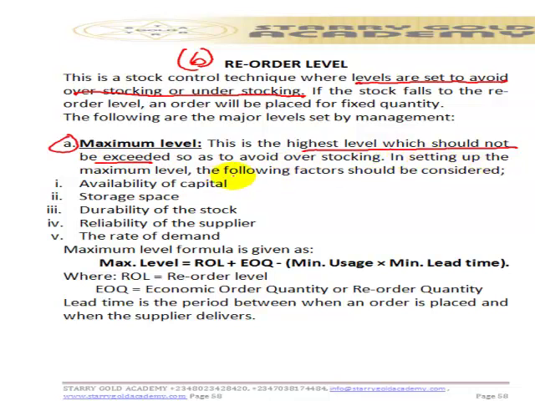In setting up the maximum level, the following factors should be considered: availability of enough capital, storage space, the facility available. Then we need to look at the durability of the stock. How long can the items remain in the store?